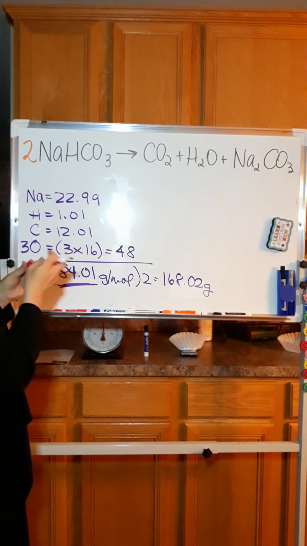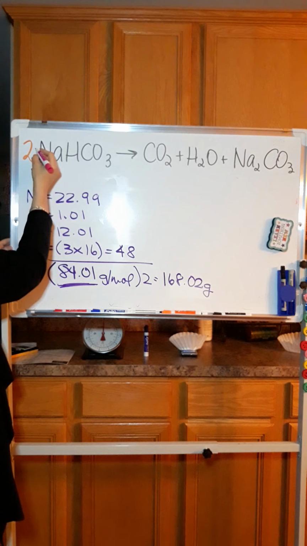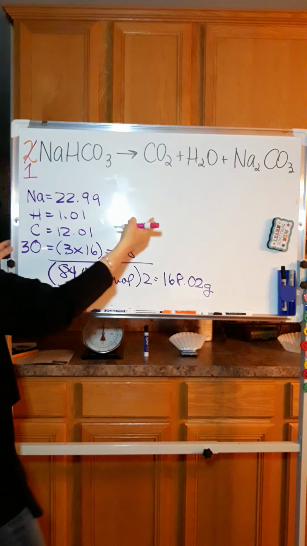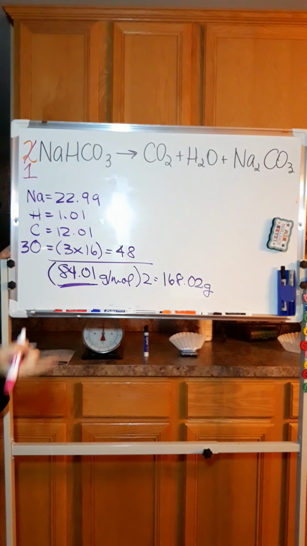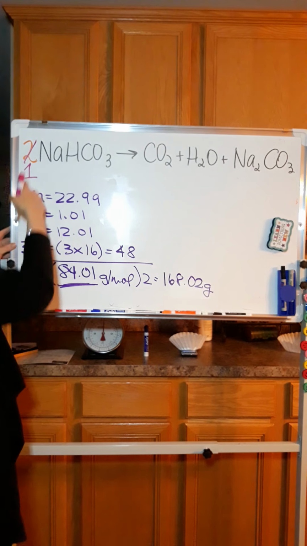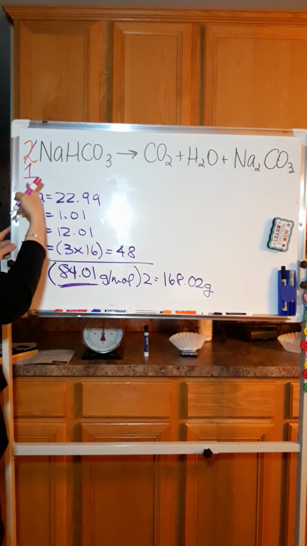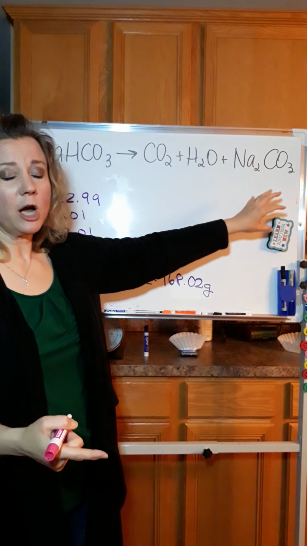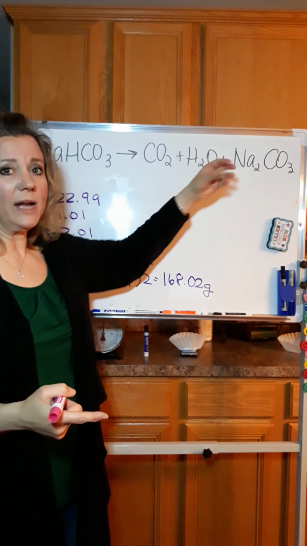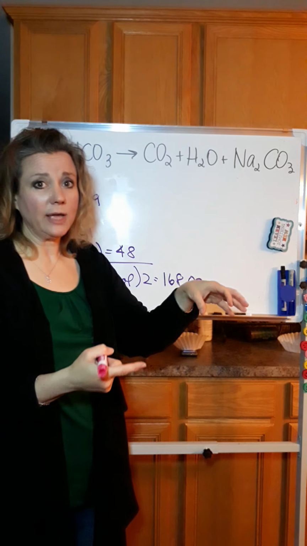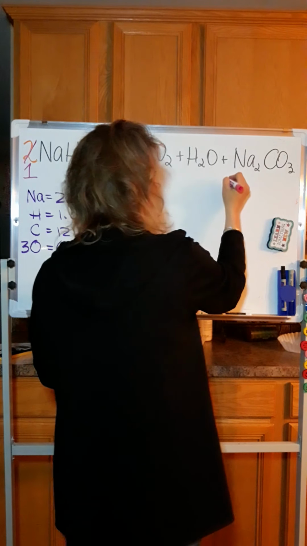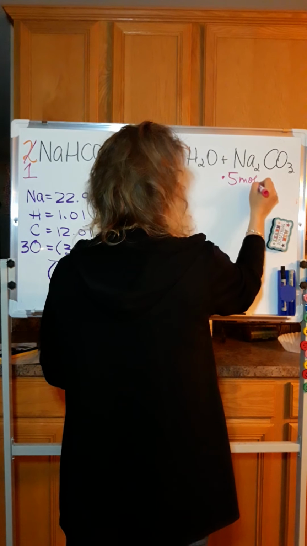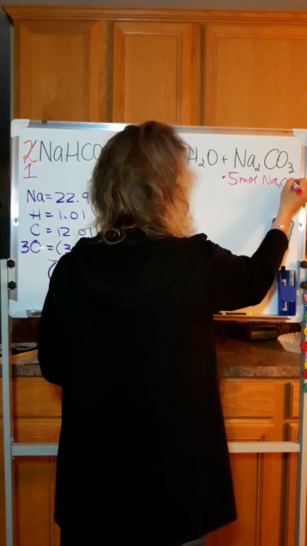And so my question is, if we don't run this reaction with 2 moles and only 1 mole, how many moles of sodium carbonate can we expect to make? Well, since I cut my initial amount in half, I need to cut the amount of sodium carbonate in half too. And what is half of 1? Well, half of 1 is 0.5. So I should really only expect to make 0.5 moles of sodium carbonate.